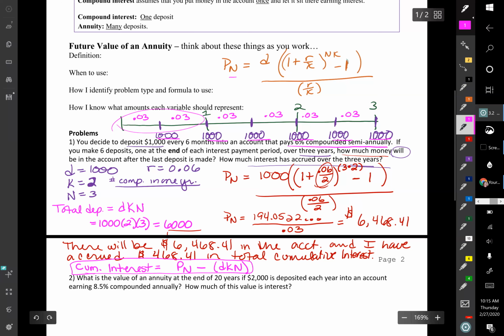And you can use that for number 2 as well. Number 2 is very similar, so that one you can do on your own, and then you can check against mine.